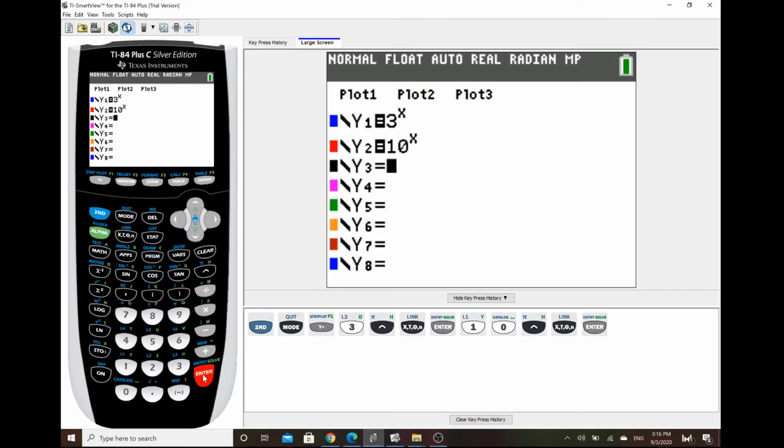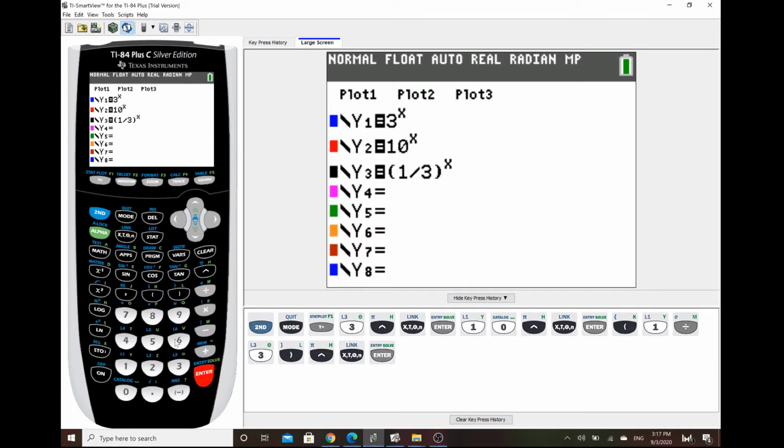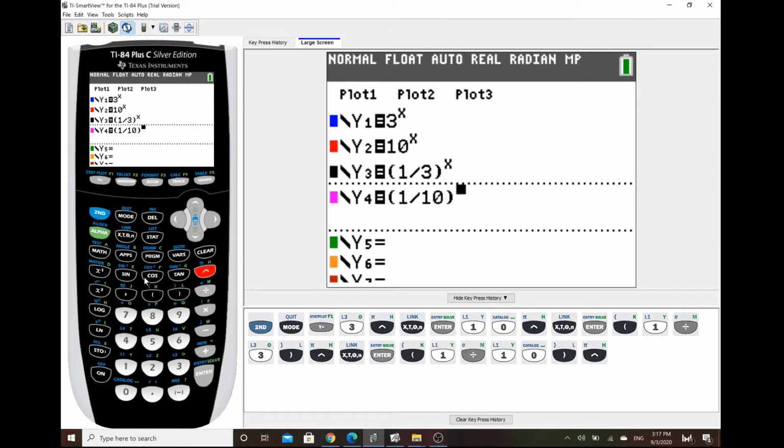Now the next one, y3, let's put in 1/3. Before you do that, you want to put in 1 divided by 3 with parentheses: open, close, and then caret to the power of x. For the fourth one, you want to put in 1/10 to the power of x.